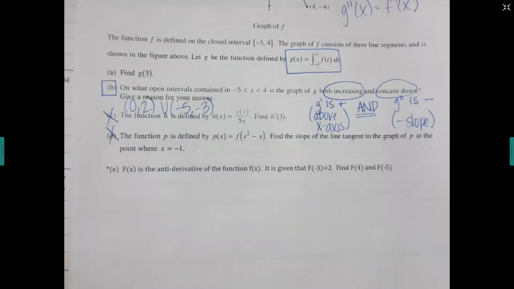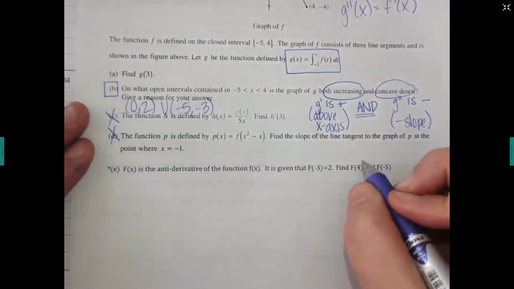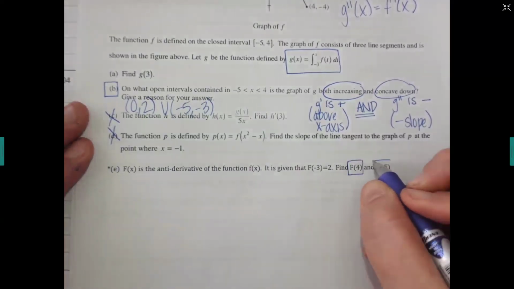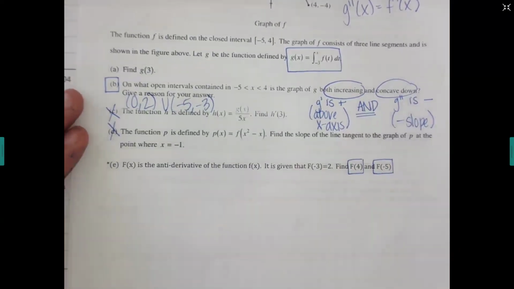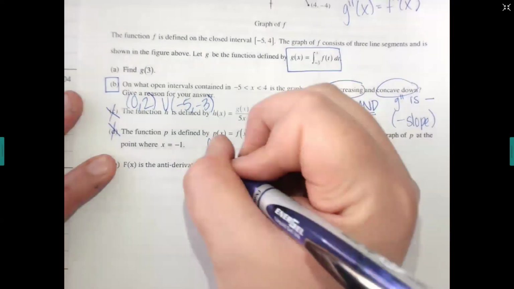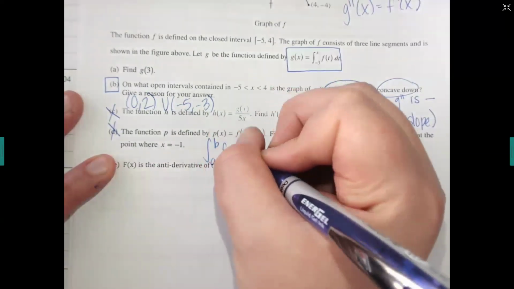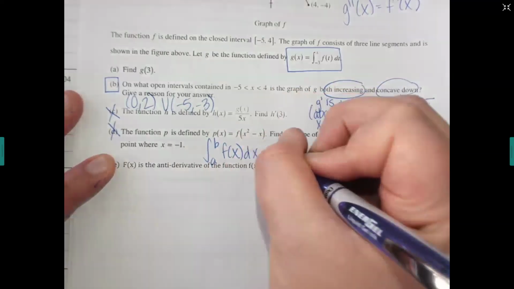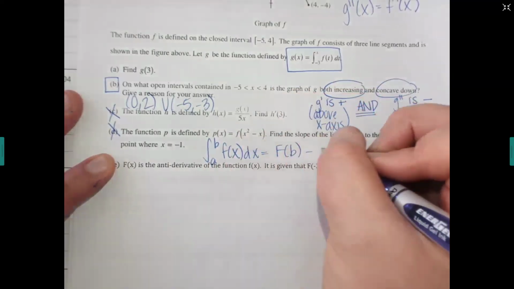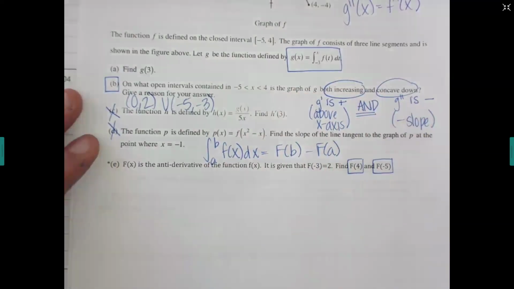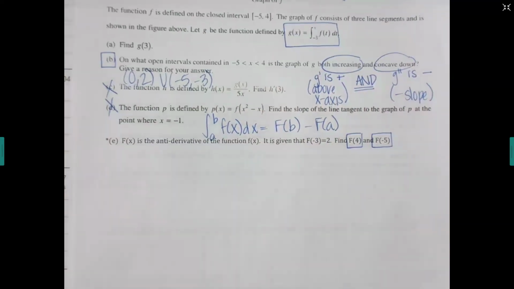Okay. So now let's focus in on part E. So they're asking you to find capital F of 4 and capital F of -5. So I want you to write this that we had before. Okay, remember, this is your fundamental theorem of calculus. And then I want you to solve it for F of B. So if F of B has a minus F of A behind it, how can I get rid of the minus F of A?